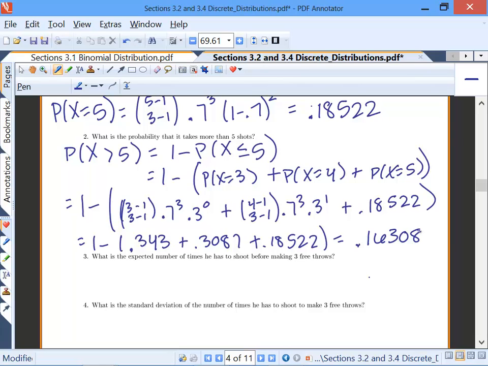So what is the expected number of times he has to shoot before making 3 free throws? I need to find my expected value, which is defined as R over P. R is the number of shots we want him to make. P is the probability of him making it.